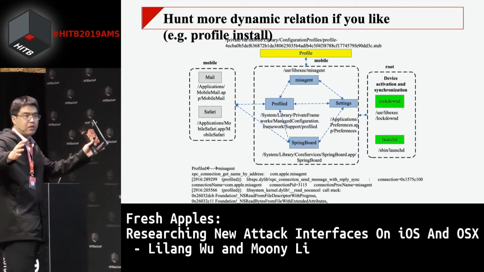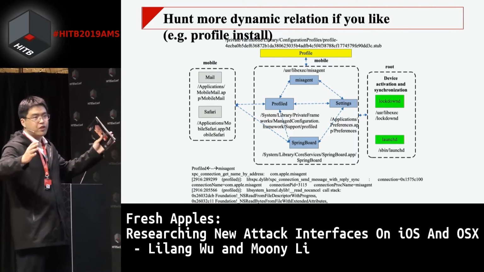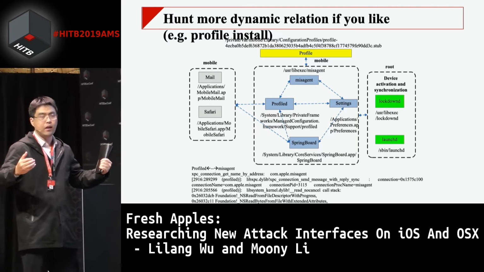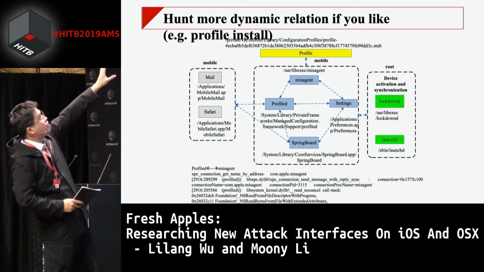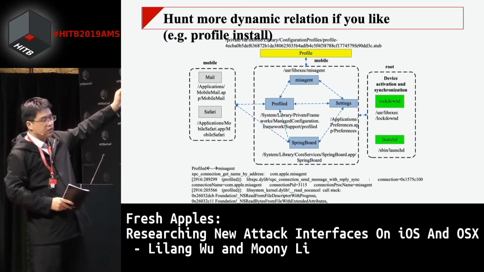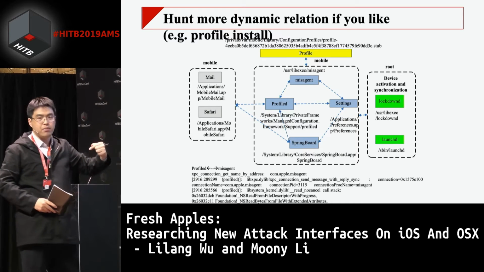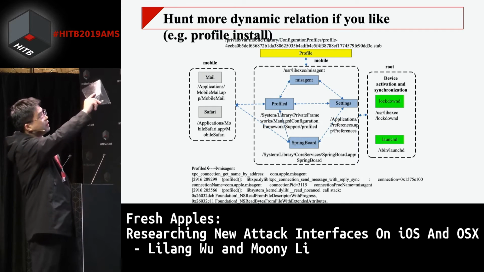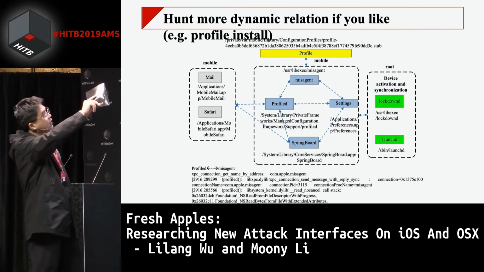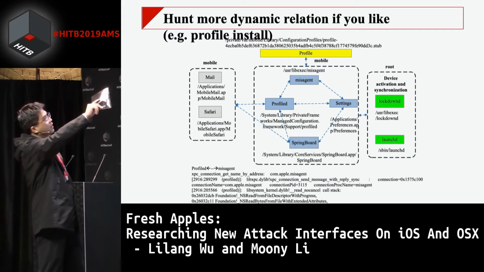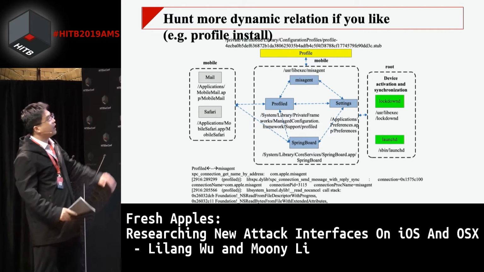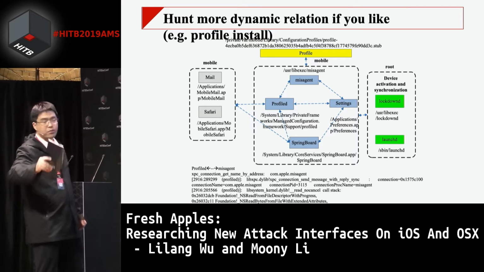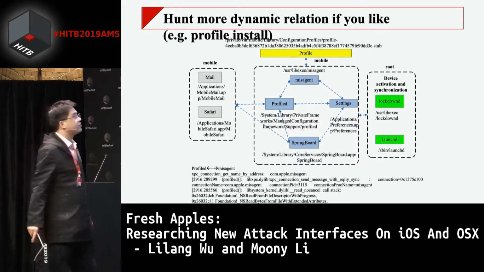All these processes with different privileges can be hooked or attached by Frida. Also, we have hooked the communication APIs such as XPC and message, and we can get the exact path and concrete values of the API. And we can get the workflow and the relationship between different processes.